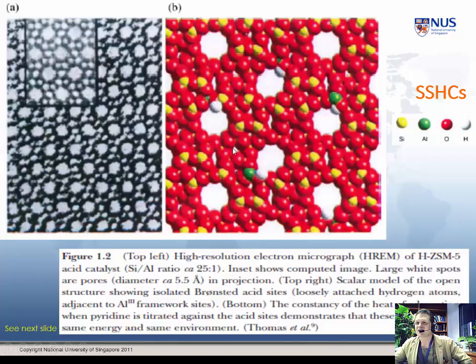So in one sense, this mathematical molecular model at least looks quite a lot like the reality, and this zeolite actually is acting as a SSHC with separated active sites.